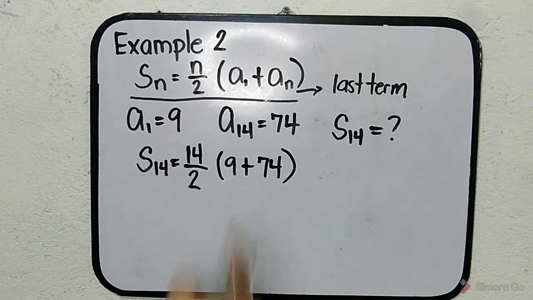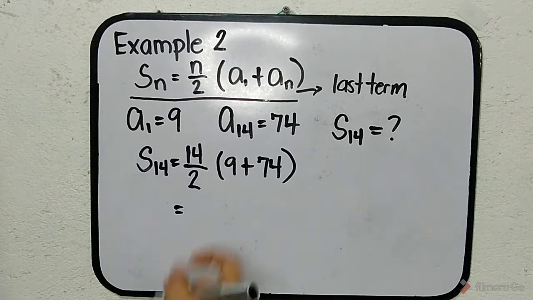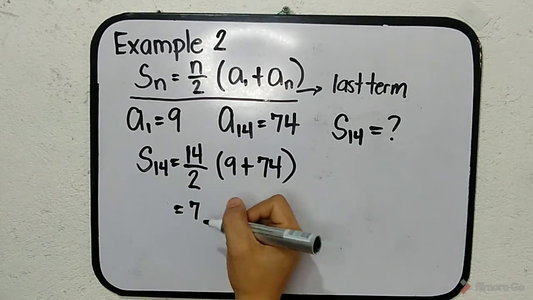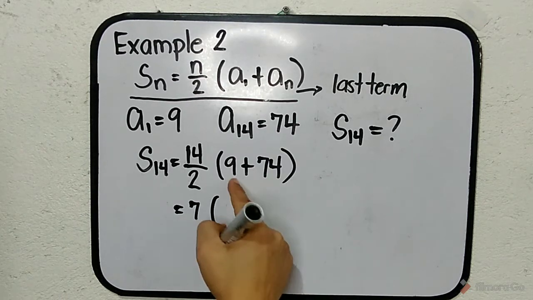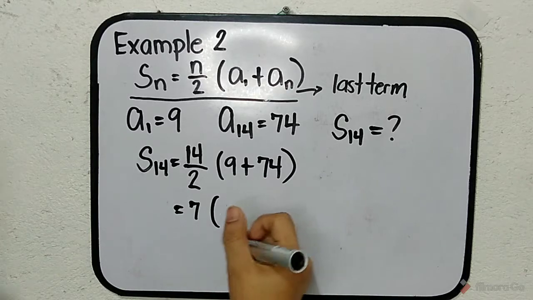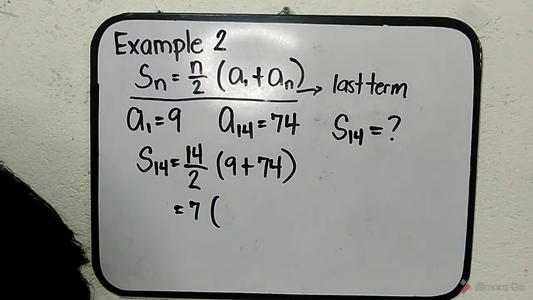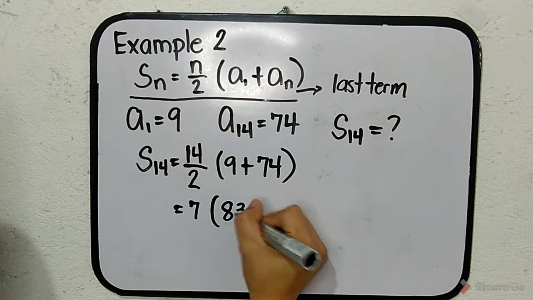So, let's simplify our terms. So, 14 over 2 is equal to 7, because 14 divided by 2 is equal to 7. Then, let's simplify 9 plus 74. 9 plus 74 class is 83. Okay.